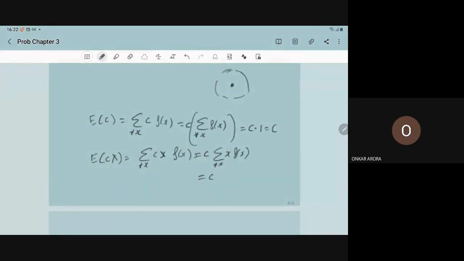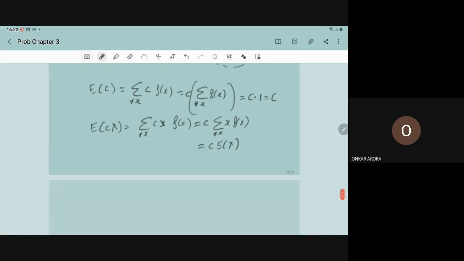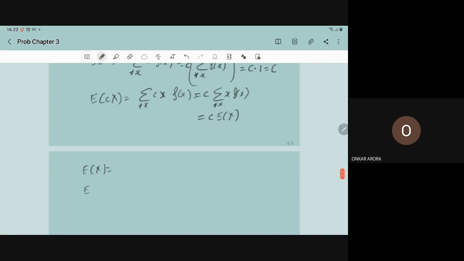So this will become c E[X]. Here, when I say E[X], by the definition you have seen, E[h(X)] means the summation of h(x) into f(x). So when we have to compute E[X], it is the summation of x into f(x) for all x.